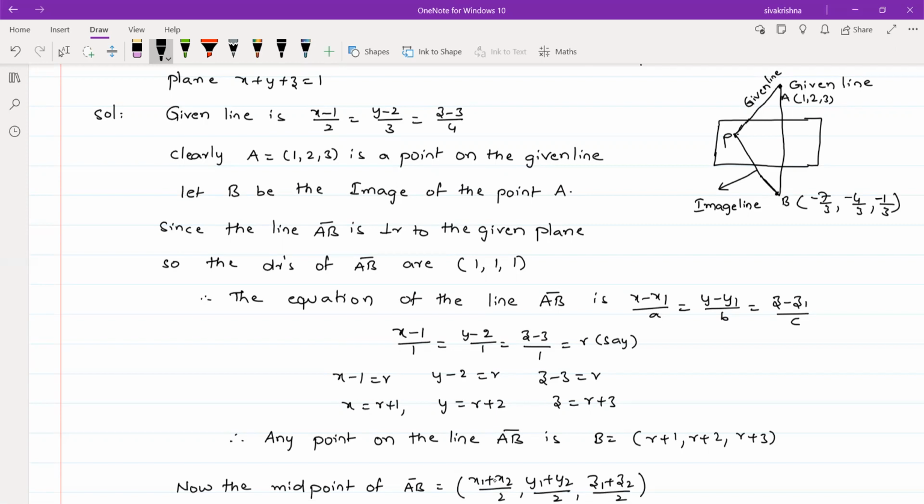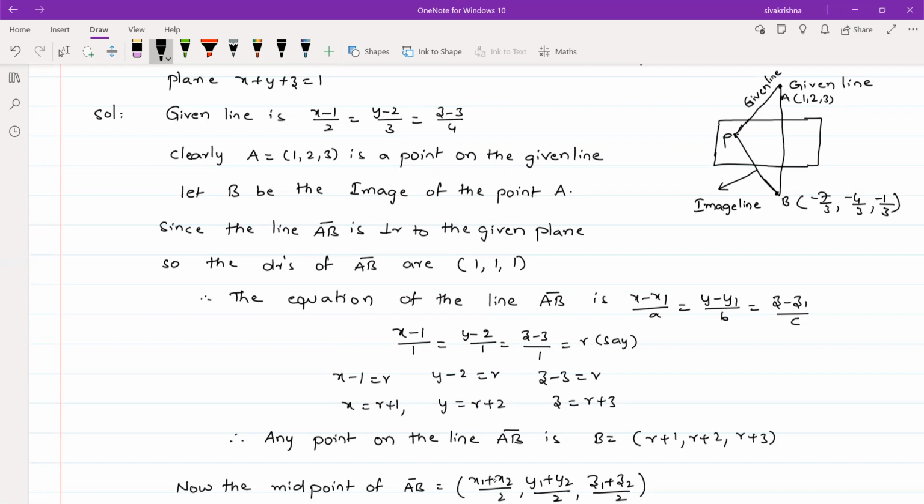In order to find the line PB, definitely we have to know the point B and P. Now I have found the point B, so now I am going to find the point P also. Whenever we get 2 points, then we can find the equation of the line by using those 2 points.